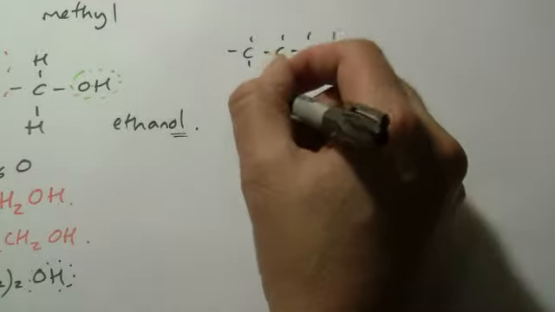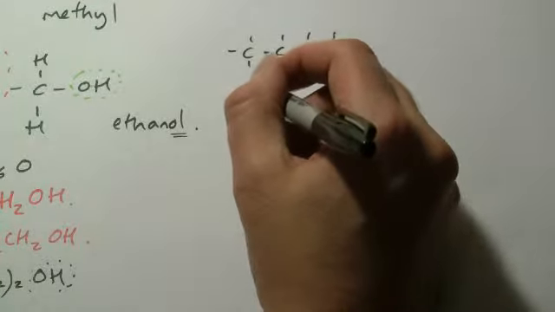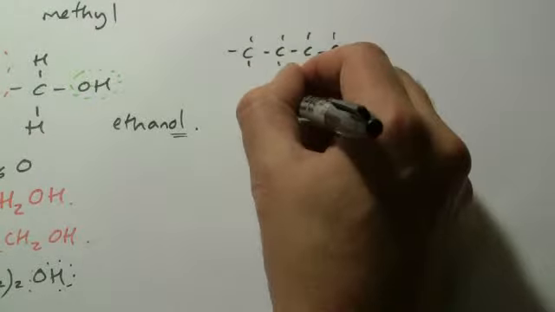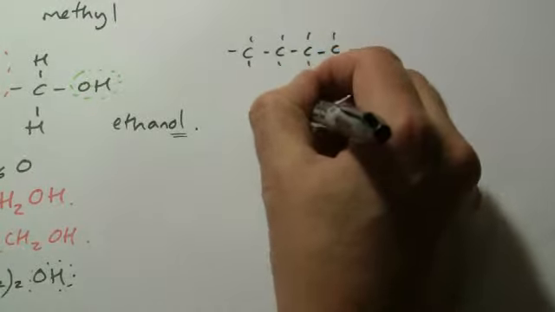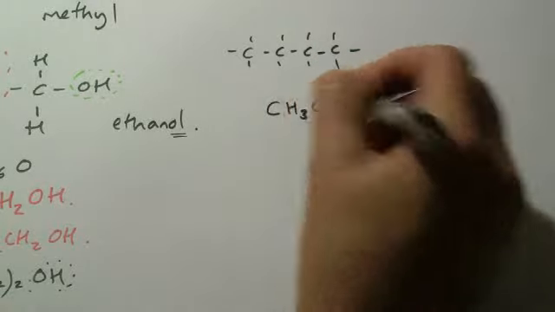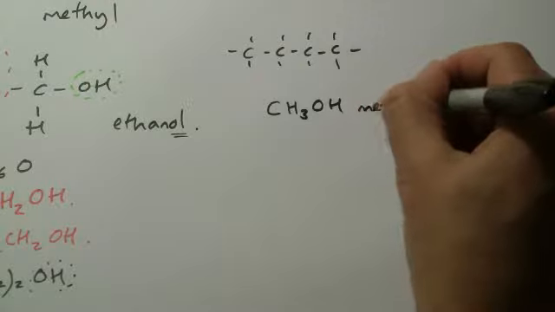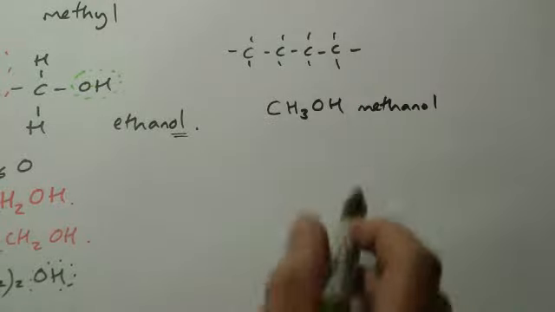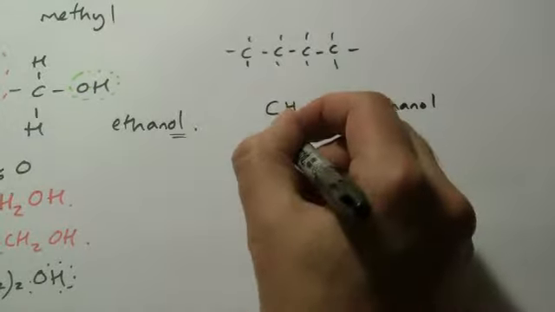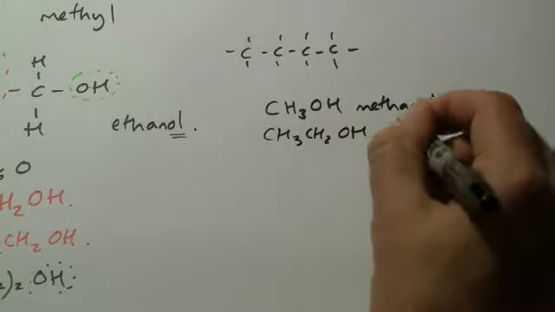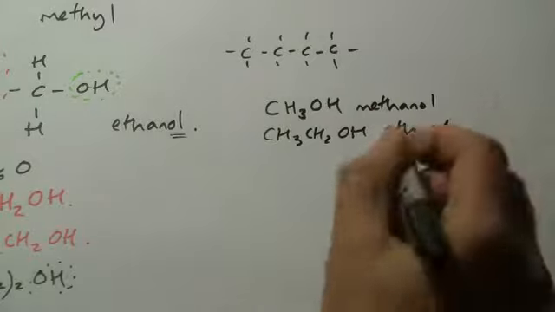But the way that chemists name chemicals does follow a nice pattern. So, for example, that one, CH3OH, is methanol. If I do the next one, CH3CH2OH, that is, as we've just seen, ethanol.